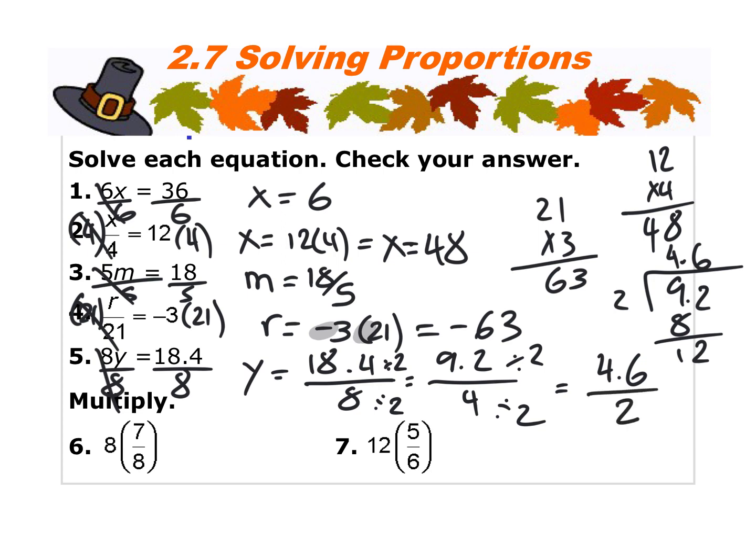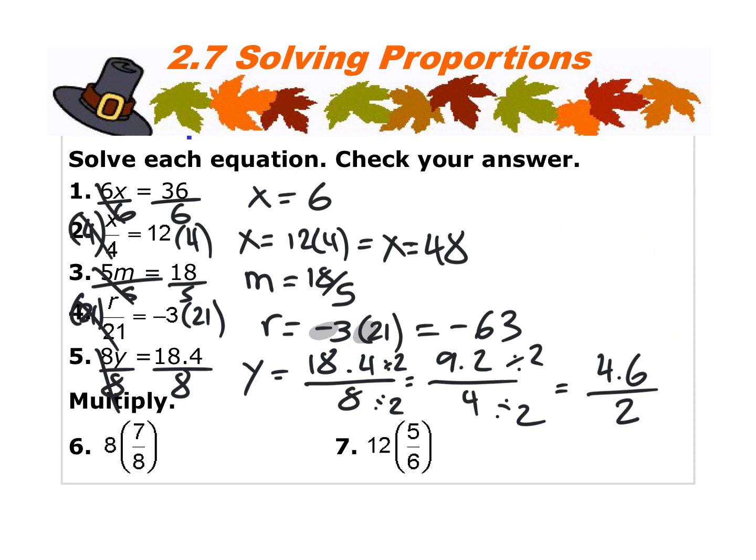over 2. You can actually simplify it one more time. I'm going to actually delete my side work right here, so I can do it one more time. 4.6 divided by 2. Bring down the 6.